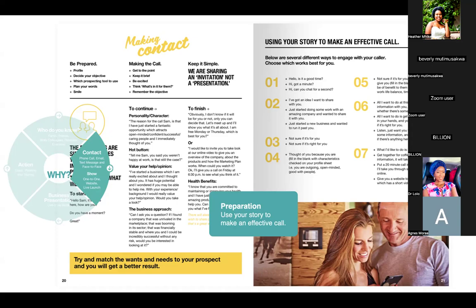And then you wait for a response. Then the next part would be, if I found a company that was unrivaled in the marketplace, that was booming in its sector, and that was financially stable, and where you and I could be incredibly successful without any risk, would you be interested in looking at it?